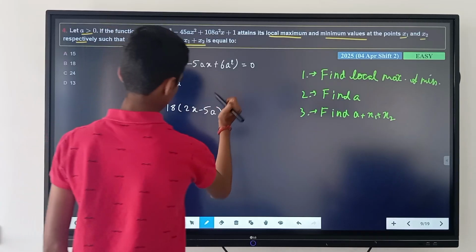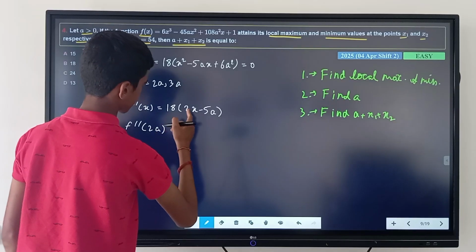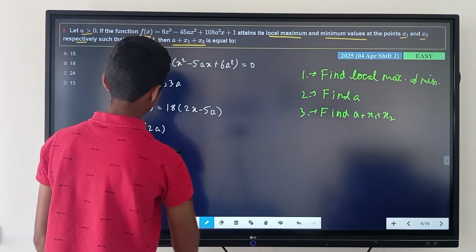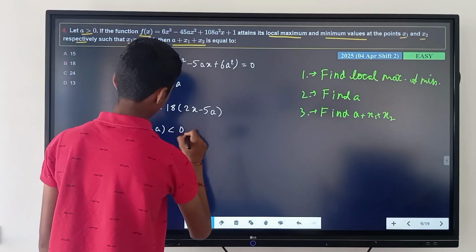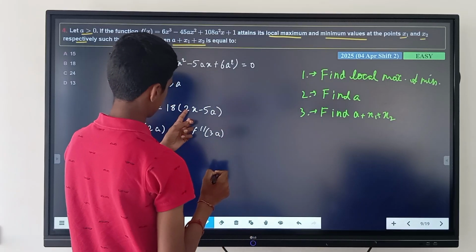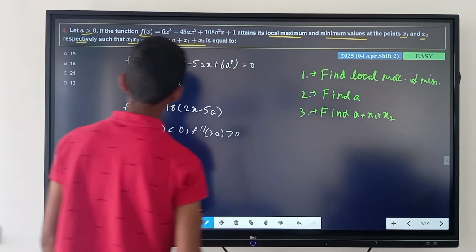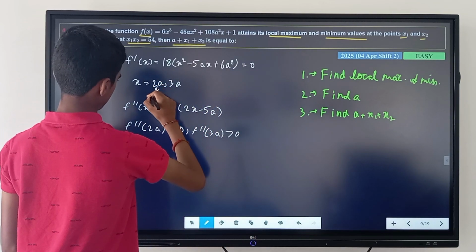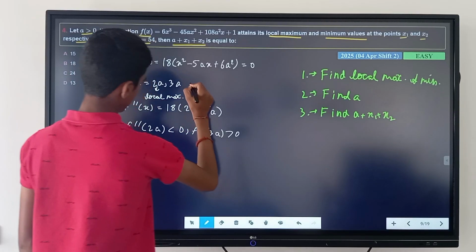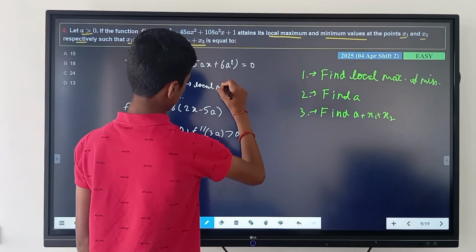Now f dash dash 2a will be minus 18a, and a is greater than 0, so f dash dash 2a is less than 0. F dash dash 3a will be 18a, a is greater than 0, so this will be greater than 0. From here, 2a is local maxima and 3a is local minimum.